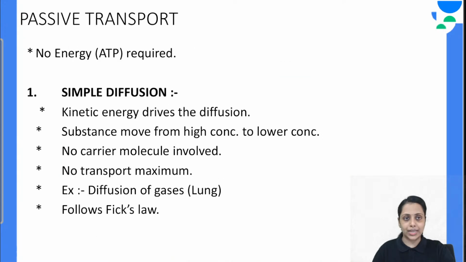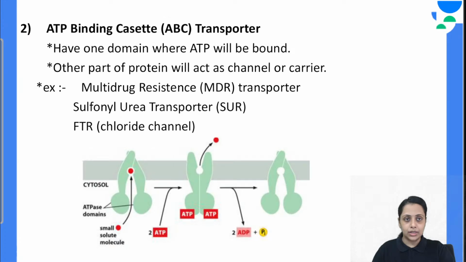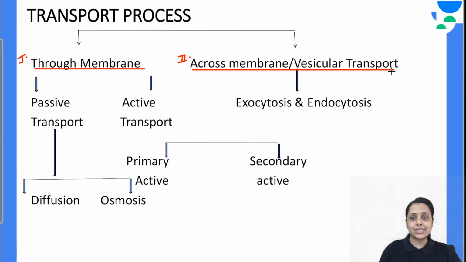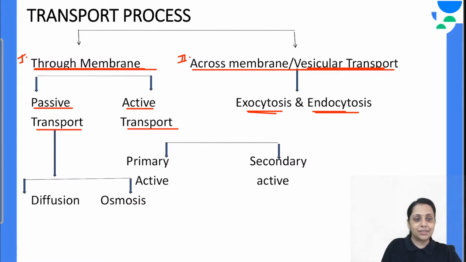First taking you to this slide, there are various types of transport processes. First is the transport through the membrane, and another category is the transport across the membrane, also known as vesicular transport, which includes endocytosis as well as exocytosis. Transport through the membrane can be either with the use of ATP, known as active transport, or without use of ATP, known as passive transport.